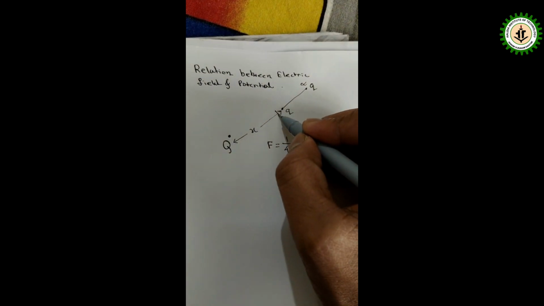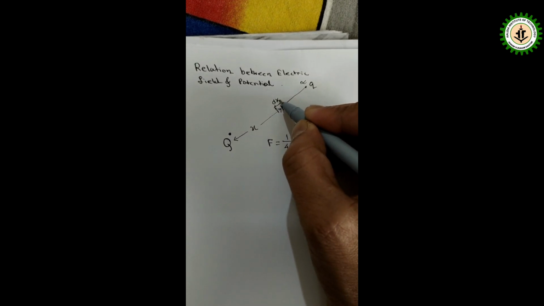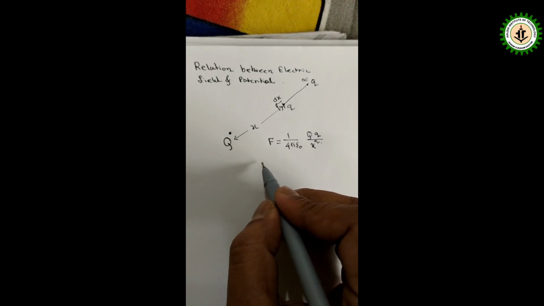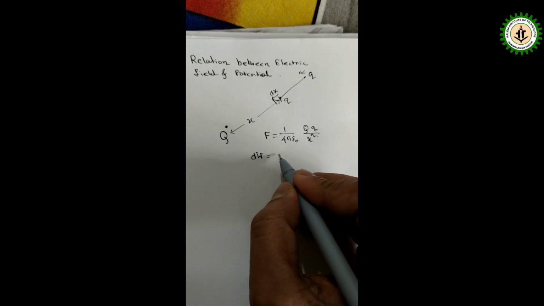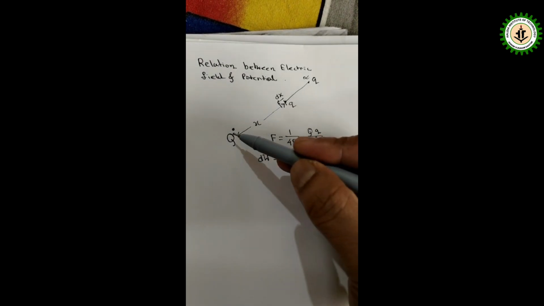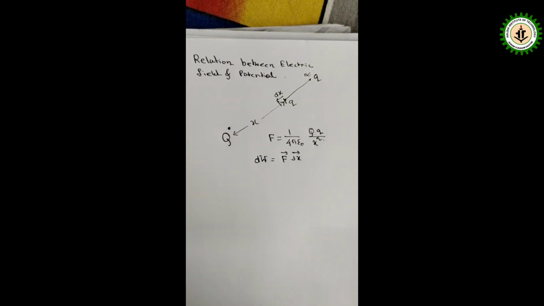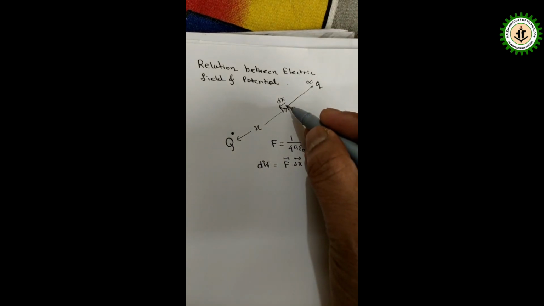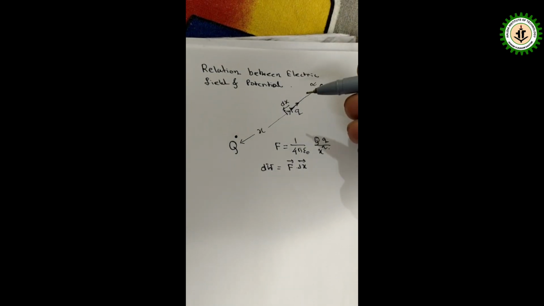Now if I assume this small charge q moves by a small distance dx along this direction, then the work done dW equals F dot dx. In this problem, if capital Q and small q are similar in nature, the force will act in the outward direction because there is a repulsive force, and the displacement is inward.